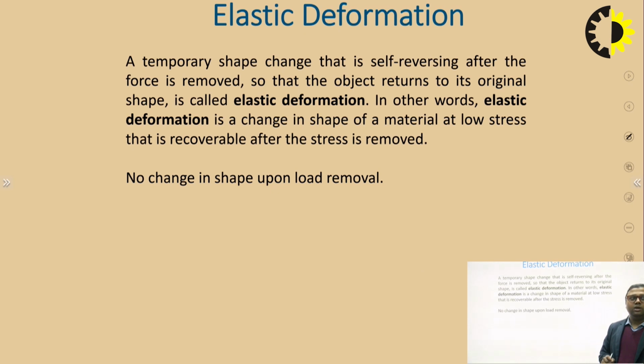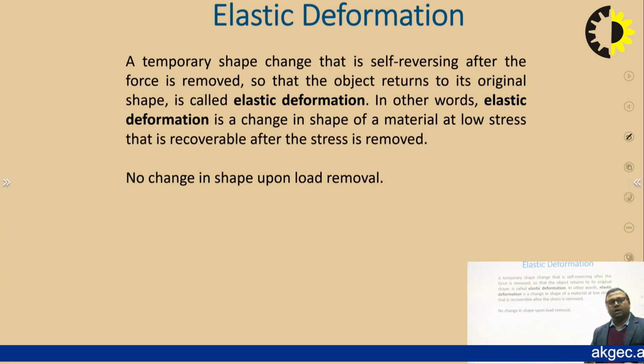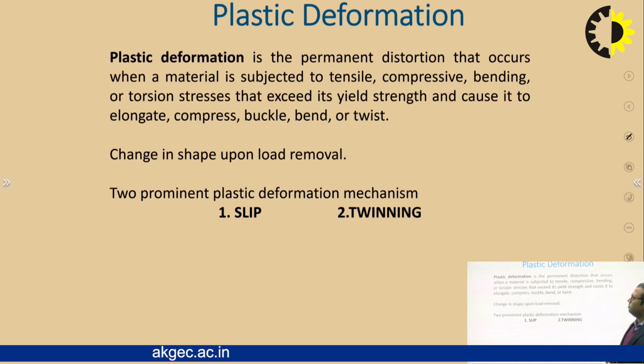So if we remove the forces before the elastic deformation stage has been exceeded, then the material recovers its initial position after the external force has been removed. So no change in shape is seen upon load removal in a particular material during elastic deformation.